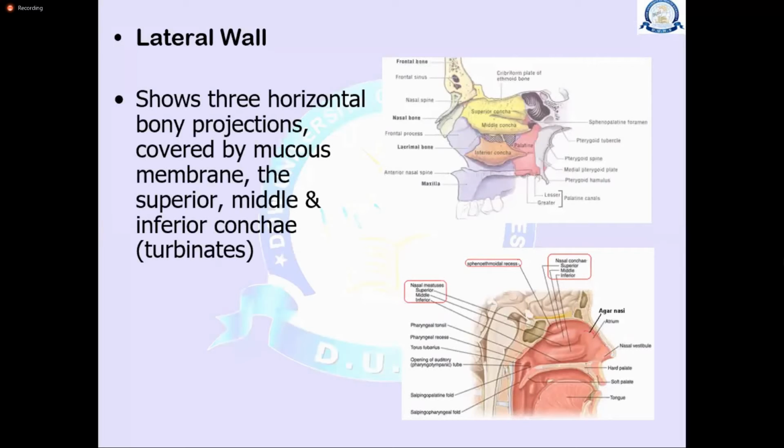For instance, it comes from the periosteum of the ethmoid bone all the way to the bony projections on the lateral wall, it continues into the nasolacrimal duct and posteriorly into the nasopharynx also.